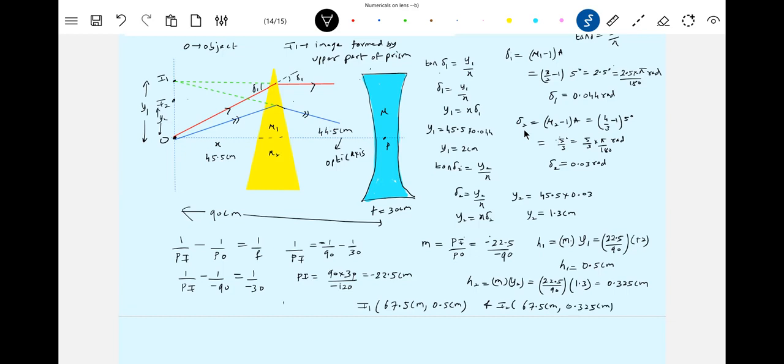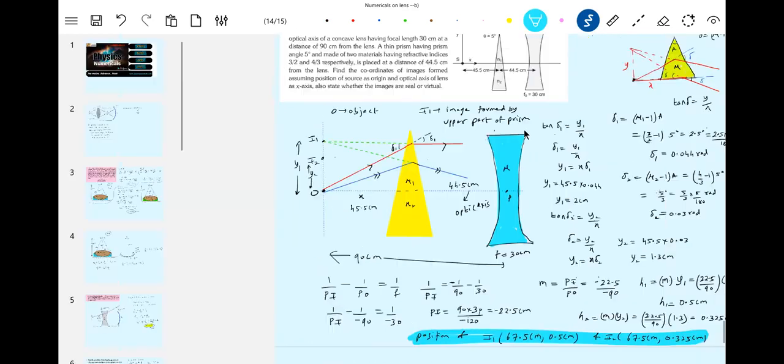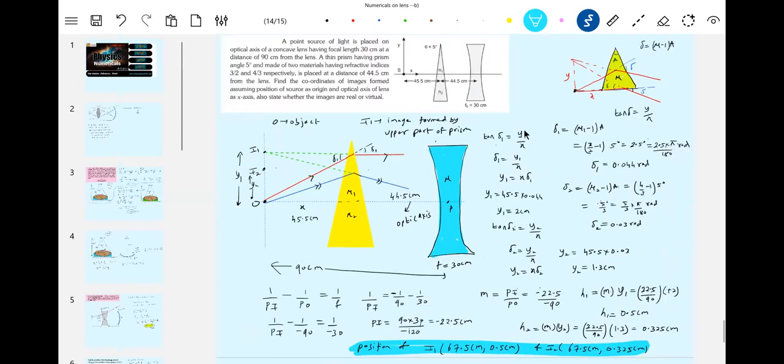Coordinates, positions, this is what is asked. Can you show that in the diagram so that it will be clear?